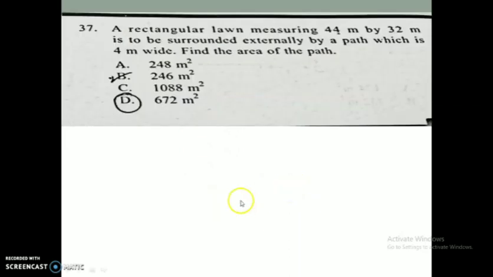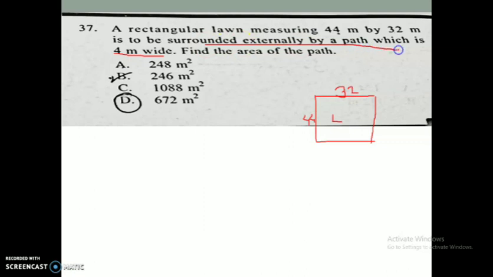Question number 37. You are given a rectangular lawn measuring 44 meter by 32 meter. Let's draw this rectangle, and outside this rectangular lawn there is a path 4 meter wide. So this 44 by 32 is covered with a 4 meter wide path.